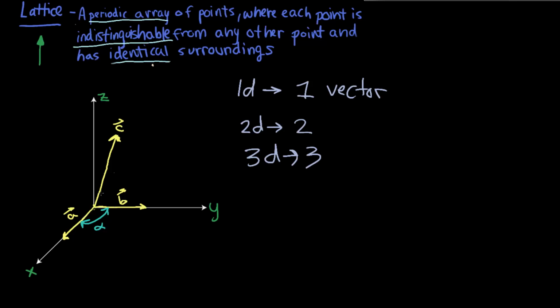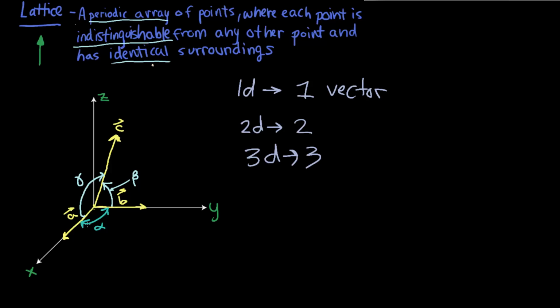So we're going to define an angle between B and C, and we're going to define an angle between A and C. I'm going to call the angle between A and C gamma, and I'm going to call the angle between B and C beta.